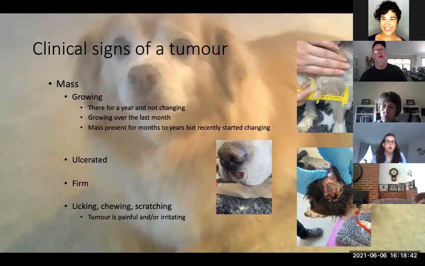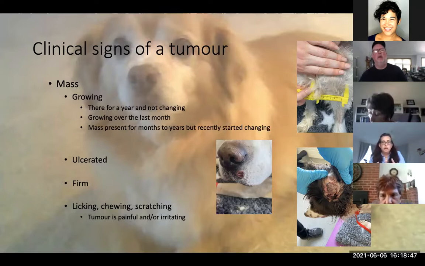Has it gotten bigger? This is why we measure it and why it's so important, because a difference in a centimeter on a mass like that is going to be huge, but it may not be something that you appreciate just by looking at it. So you need to measure it, you need to take pictures, and this is something for you and your vet to do.